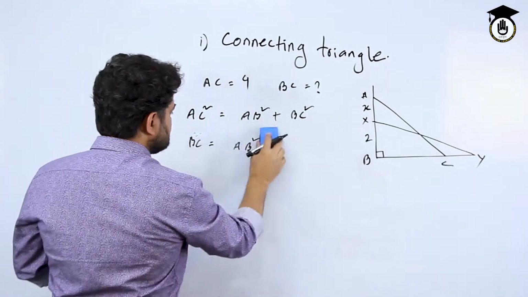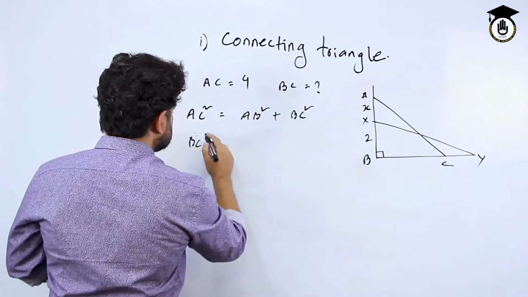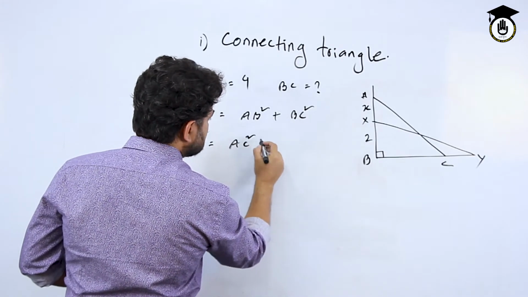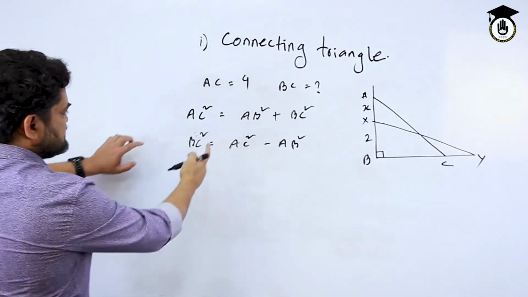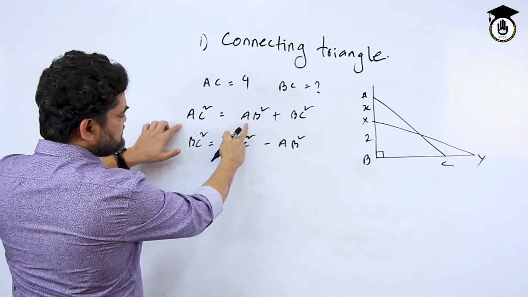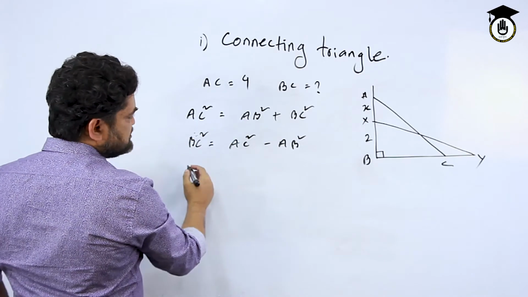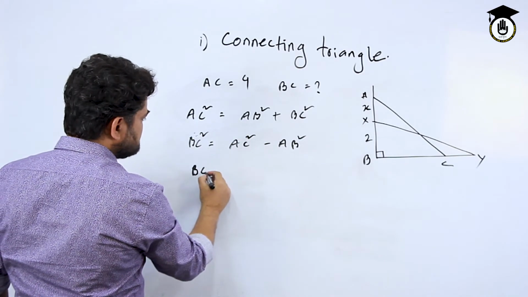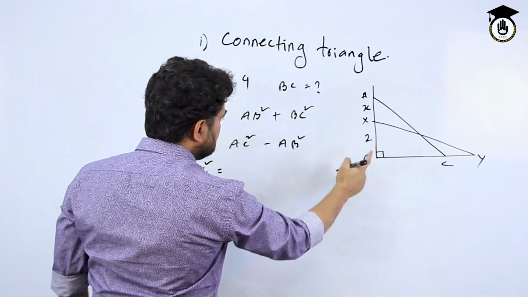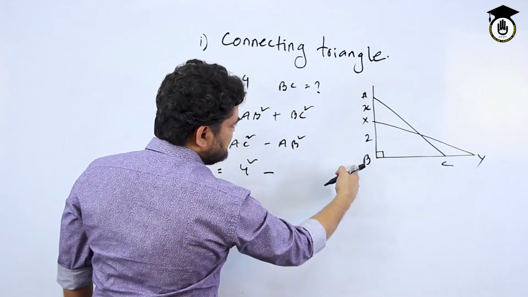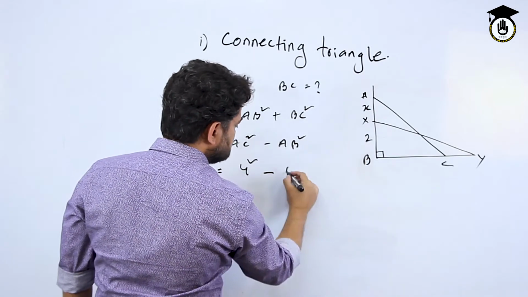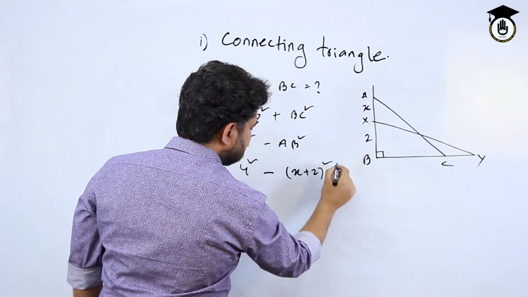I'm just putting AB on the left hand side, so the plus will change to minus. So BC square, I write the value of AC, which is 4 square, minus AB, it's connecting, isn't it? So X plus 2, that's the value.